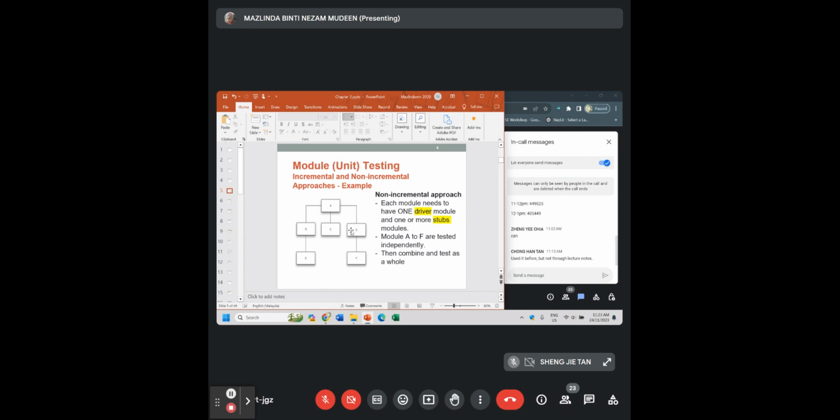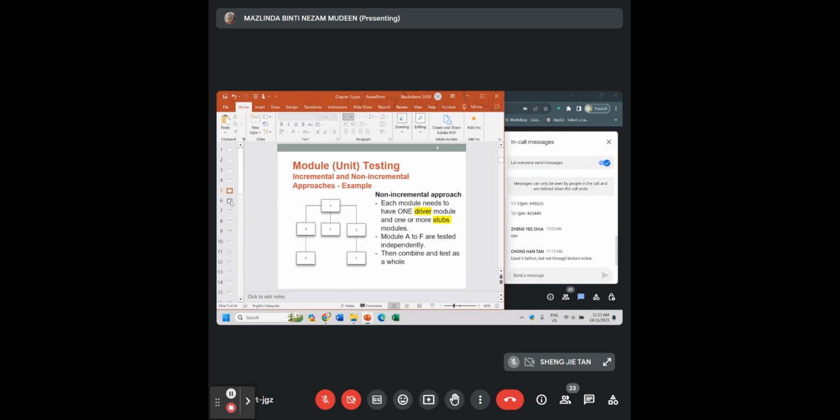But when we say non-incremental, there is no small-size combining happening. So we test them individually, then we put them all together as a whole system and test them as a system. That is the main difference between the incremental approach and the non-incremental approach.